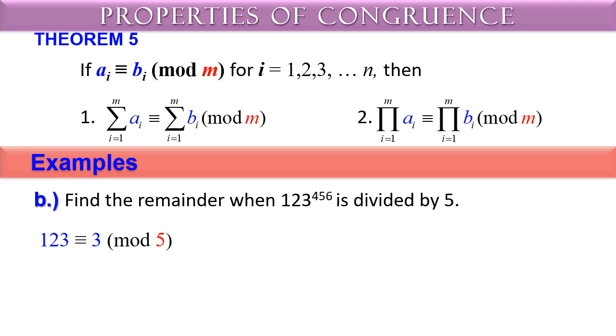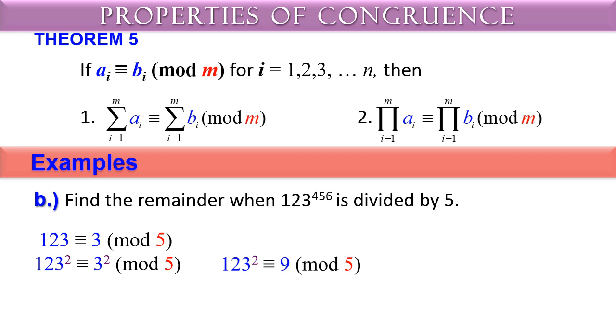First, we have 123 is congruent to 3 modulo 5, since if we divide 123 by 5, it will leave a remainder of 3. Squaring both sides of our expression, we will have 123 squared is congruent to 3 squared modulo 5. Simplifying it, we have 123 squared is congruent to 9 modulo 5.